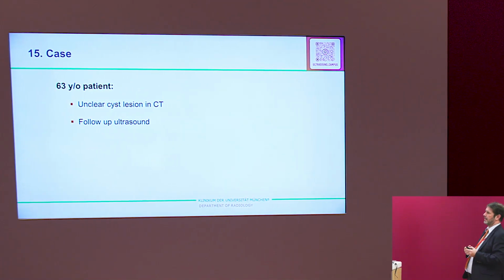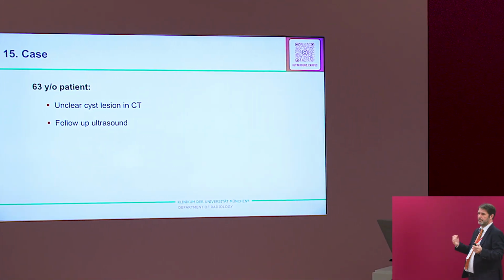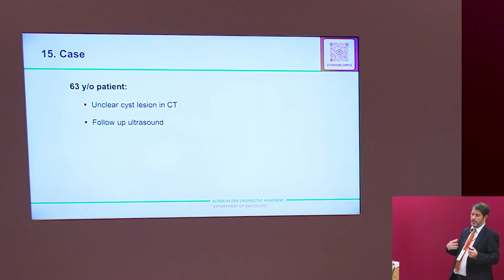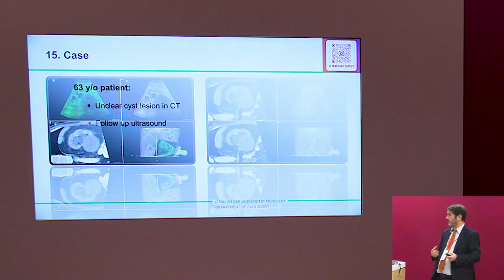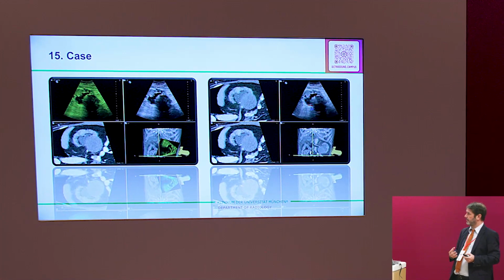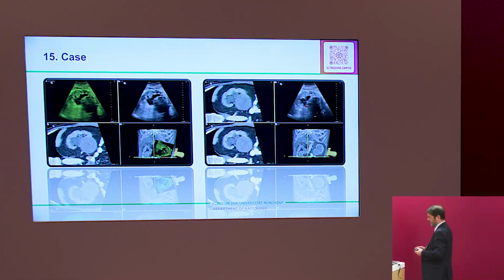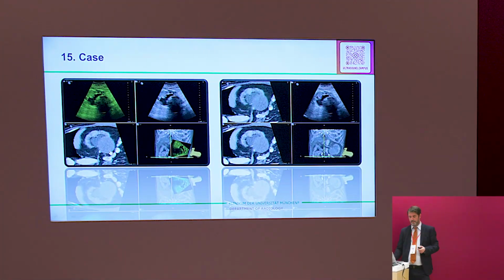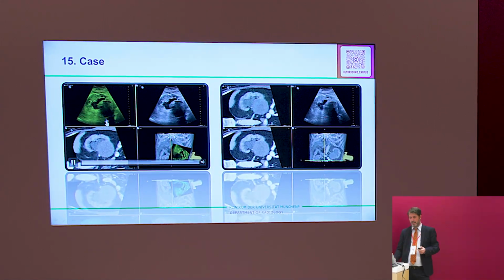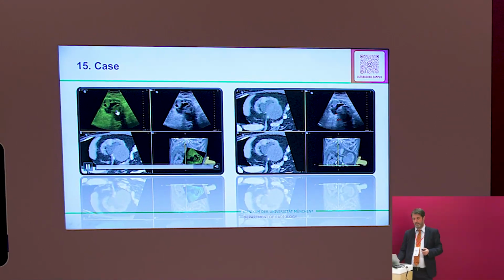Another patient, an unclear cystic lesion detected in CT, just for follow-up because ultrasound is perfect for cystic lesions. This is the lesion seen in CT, there. There's the lesion seen in ultrasound.